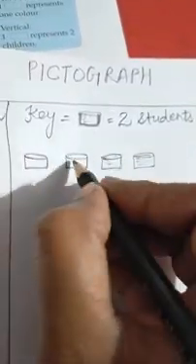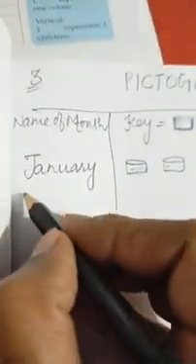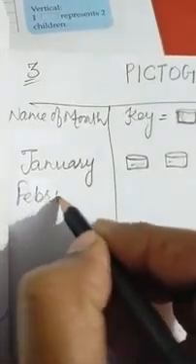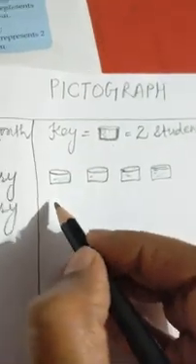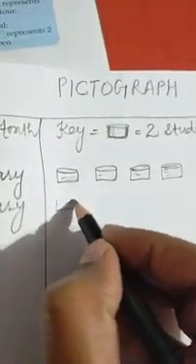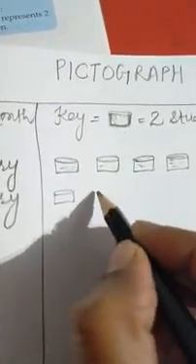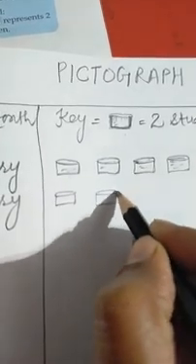Like this it is the 8 students' birthday. Yes, in the month of January. Then in February 4 students' birthday is there, so here we will draw 2 cakes. Yes, it means 4 students.